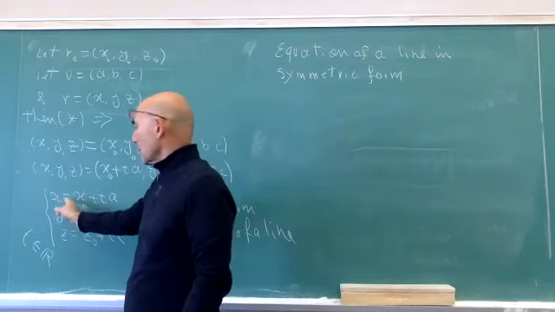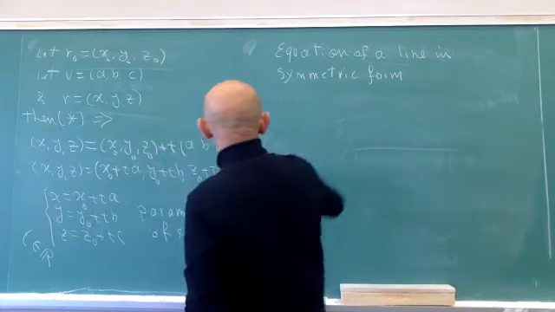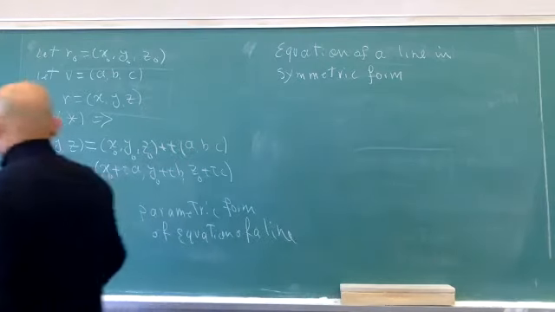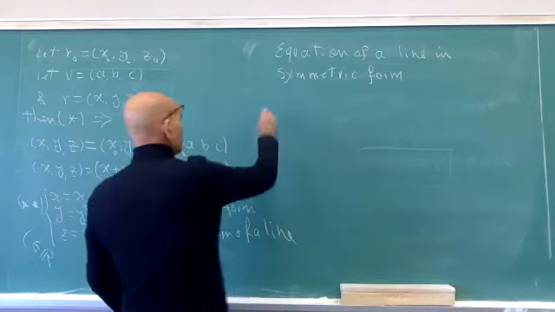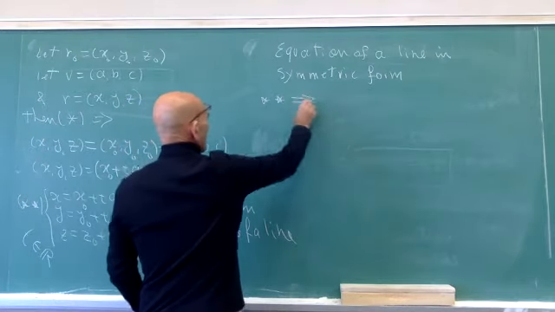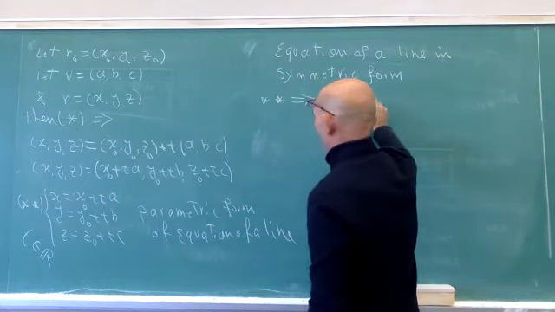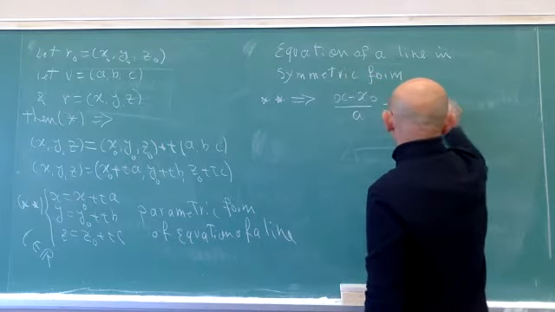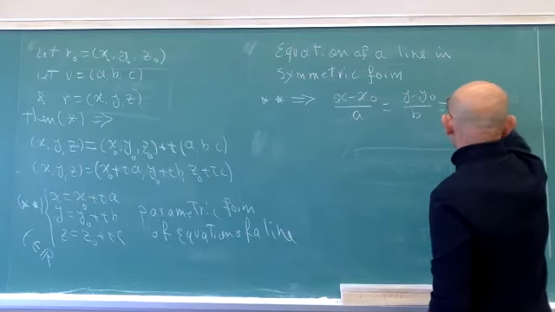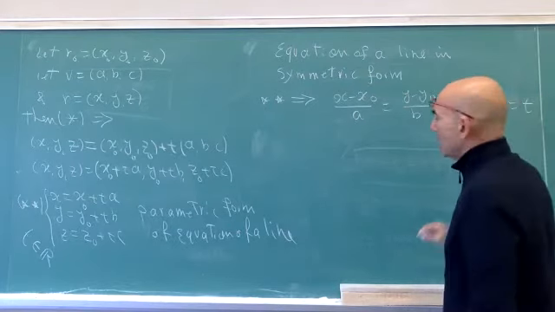What you do is subtract x0 from x, y0 from y, z0 from z, and divide by a, b, c. So this is double star. This double star tells me that x minus x0 over a is equal to y minus y0 over b is equal to z minus z0 over c. And of course, they are all equal to t. But in this form, we don't emphasize t.